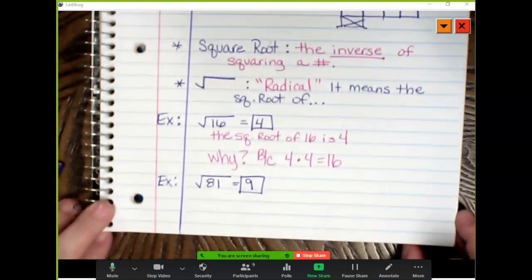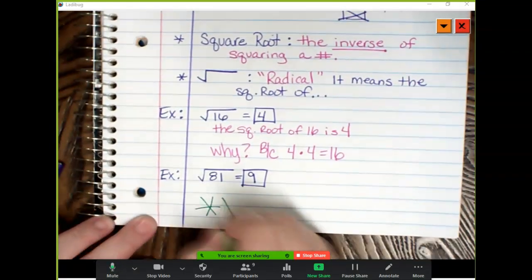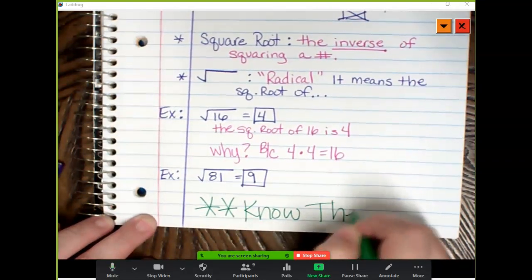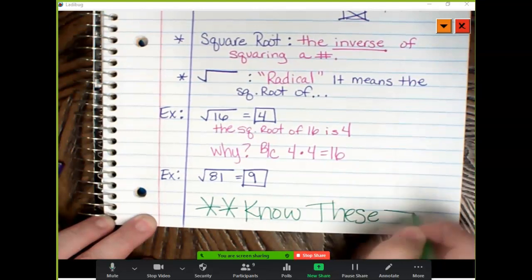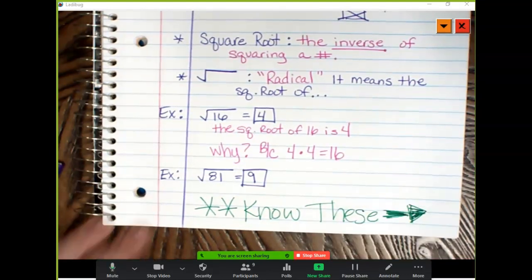All right, I'm going to make myself a little note that tells me I'm going on the back. And it's a super important note. Know these. And you'll see what these are when we turn our page. If you have more room, you can keep going, but I'm going to be writing like a list of things.